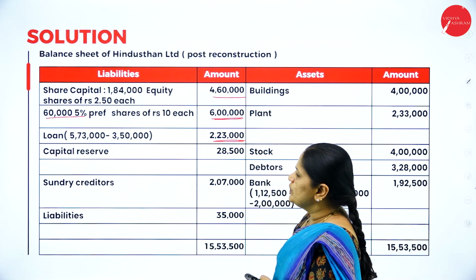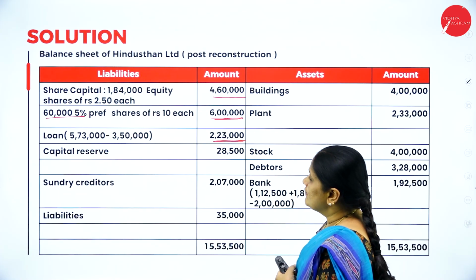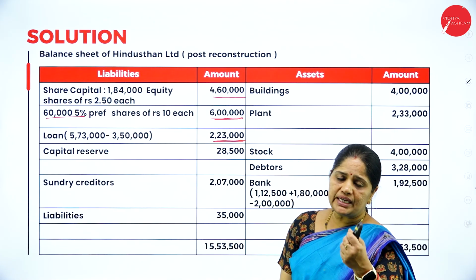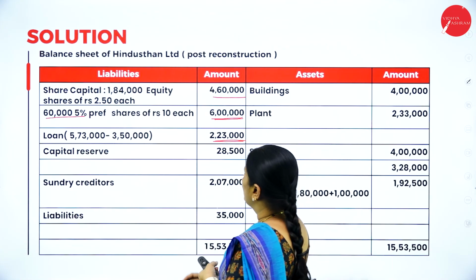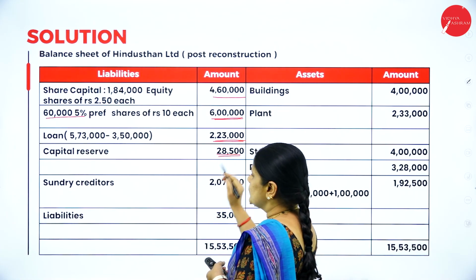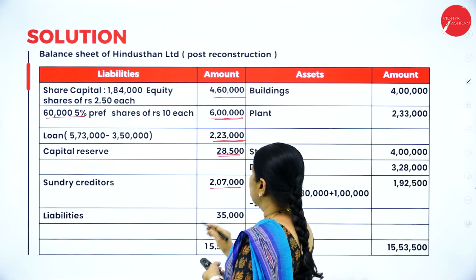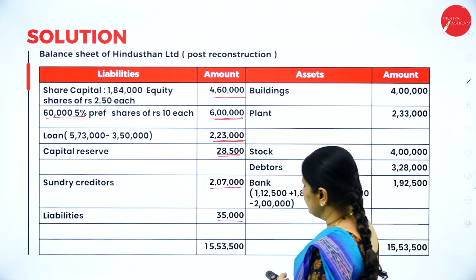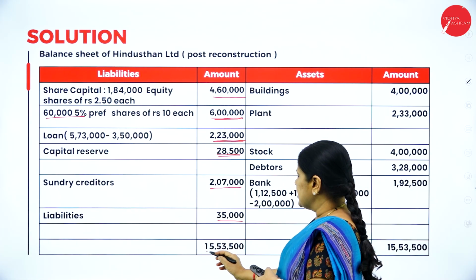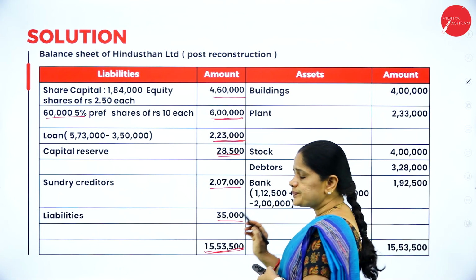So loan amount you are paying 2 lakhs. So whatever the money you have got from the issue of equity shares, out of that 2 lakhs you have paid off the loan. So capital reserve is 28,000. Sundry creditors 2,07,000. Other liabilities is 35,000. They remain the same.